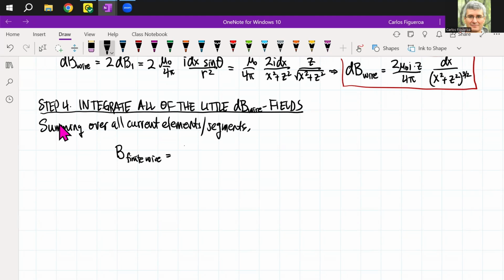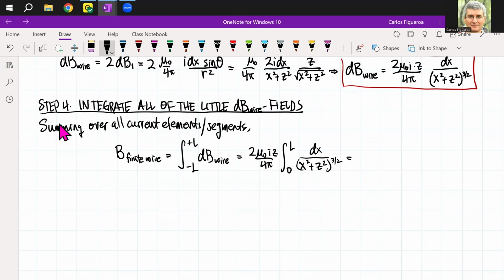It is going to be the integral from minus L to plus L of dB wire, but because of the symmetry of the situation, we reduce this down to half of the integral, which then goes from 0 to L of x squared plus z squared to the 3 halves, dx.